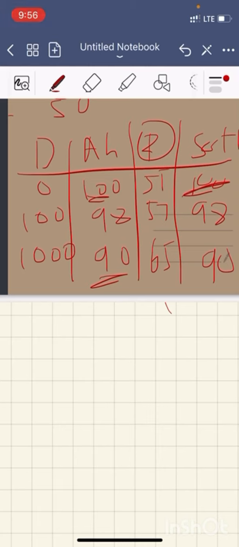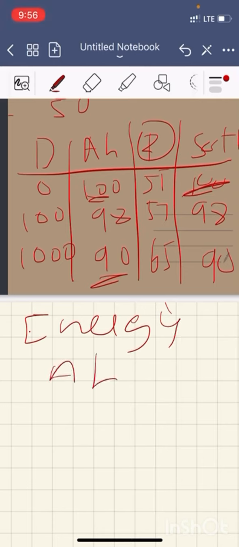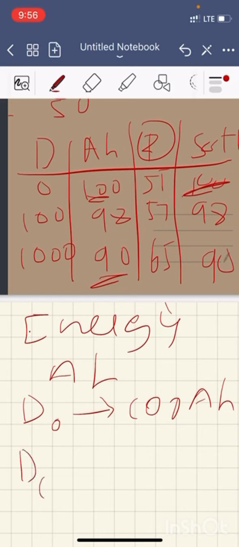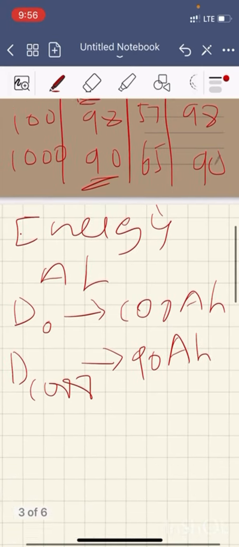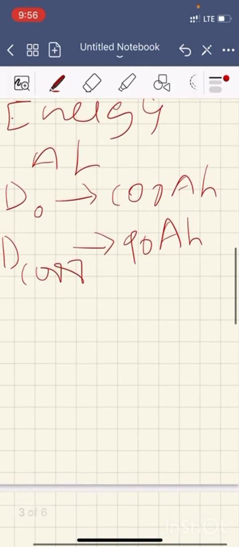Electrical energy in batteries is mentioned in AH. On initial day 0 we saw 100 AH. On day 1000 we can only see 90 AH. From that we can say it reduced its capability from 100 AH to 90 AH.